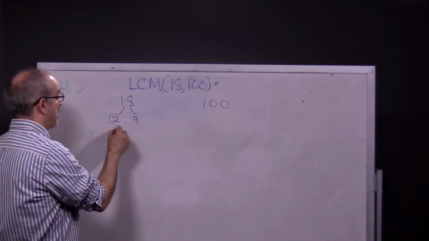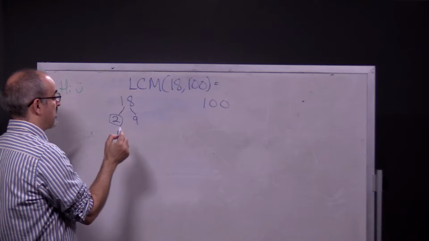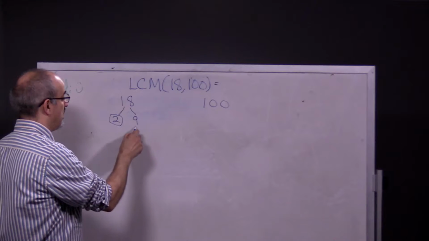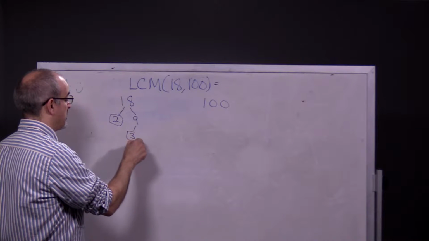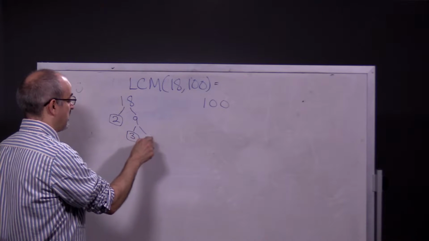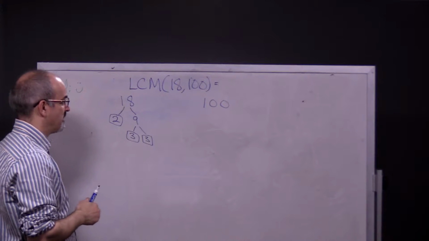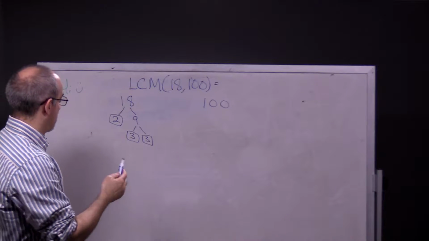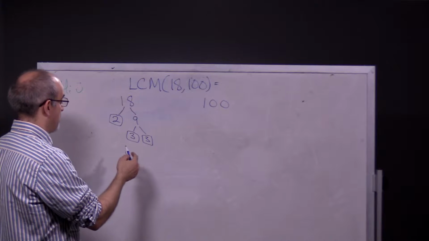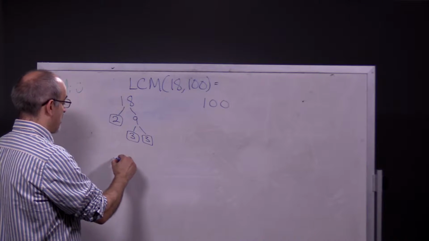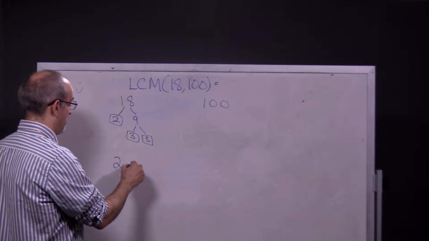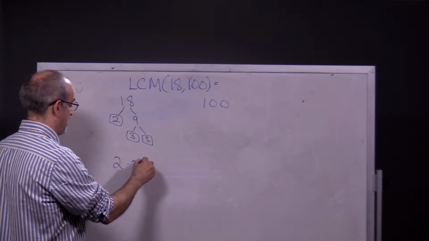Once I get a prime number, I circle it or put a square around it. 9 I know is divisible by 3 because of divisibility rules. It's actually just a fact that 9 is 3 times 3. So the prime factorization of 18 is 2 times 3 squared.